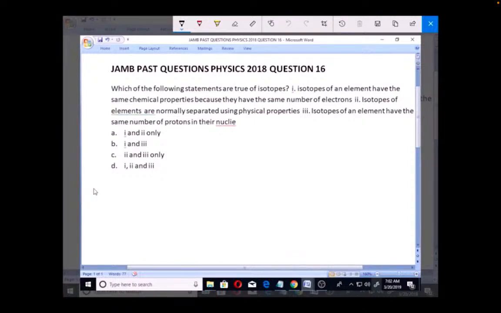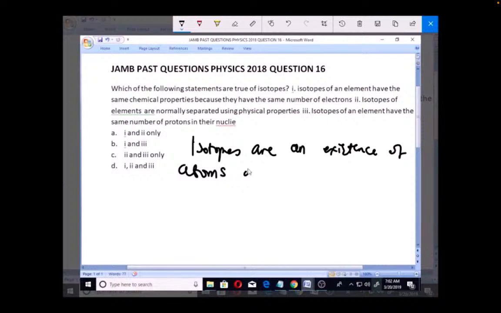Now, for us to be able to appreciate this question very well, we need to know what isotopes are. Isotopy is the existence of atoms of the same atomic number.